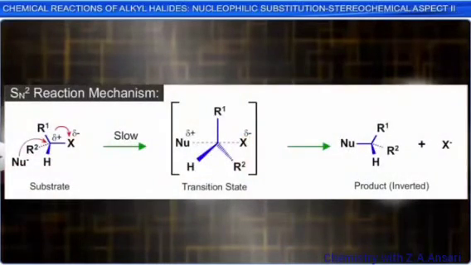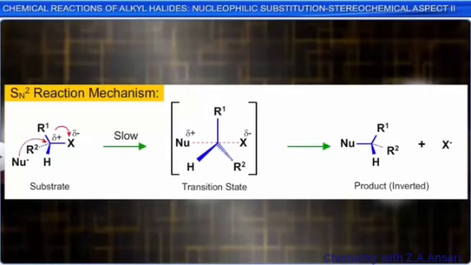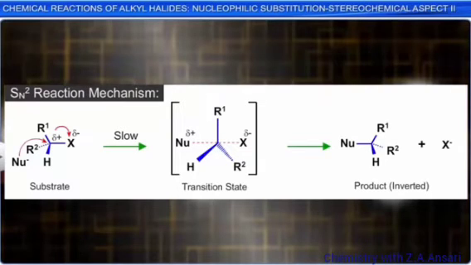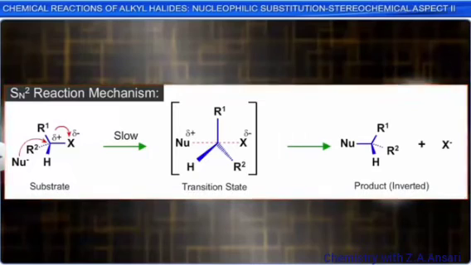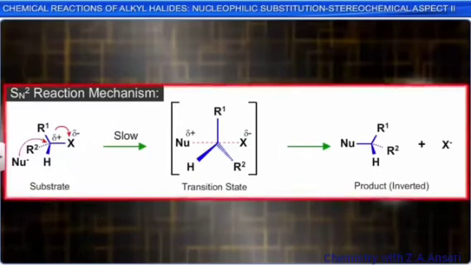Now, if the reaction conditions are extremely favorable for second-order kinetics, then the alkyl halides follow the SN2 reaction mechanism. It's a concerted process. That is, it proceeds in a single step.